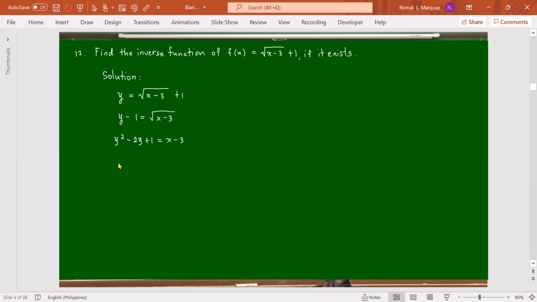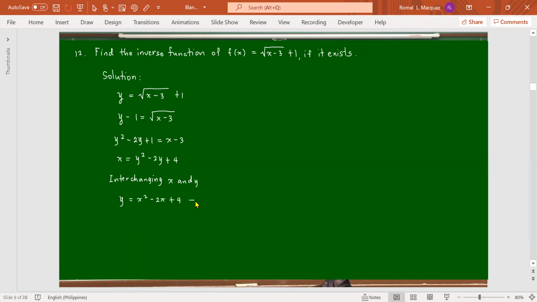Solving for x, we have x is equal to y squared minus 2y plus 4. So interchanging x and y, we have y is equal to x squared minus 2x plus 4.